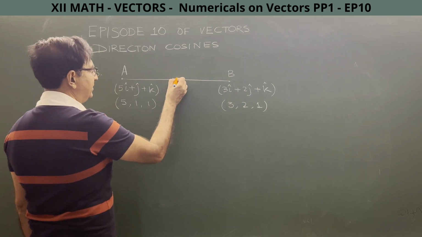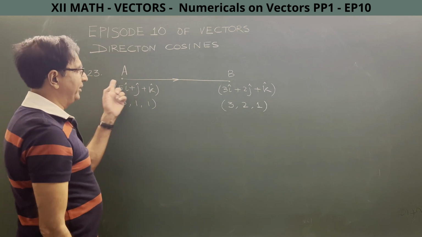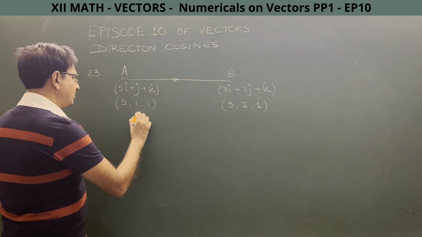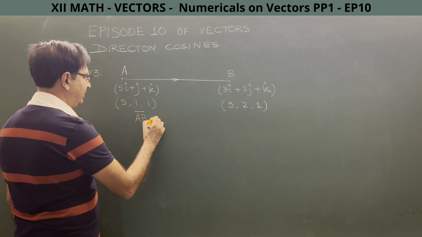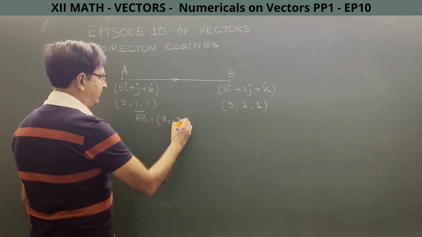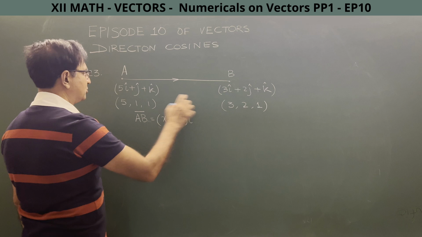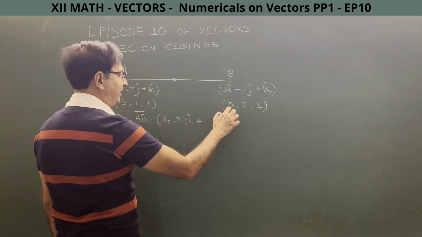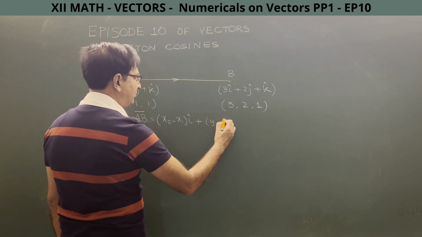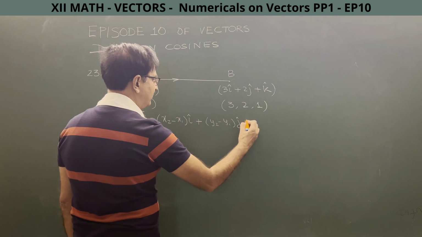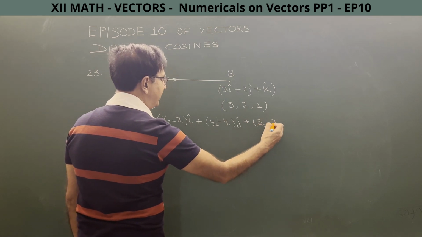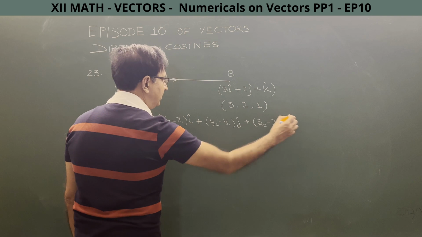So look here. So first I will have to make vector AB. So you know the formula of how to make vector AB. We have been doing it in the previous classes. x2 minus x1 i cap, this will be x2, plus y2 minus y1 j cap, plus z2 minus z1 k cap.